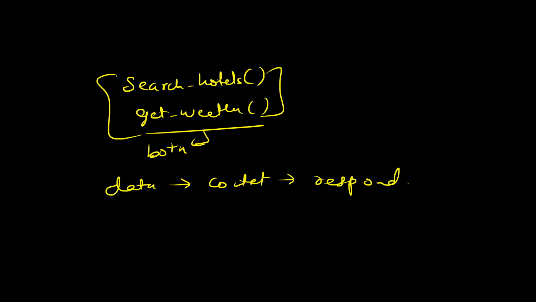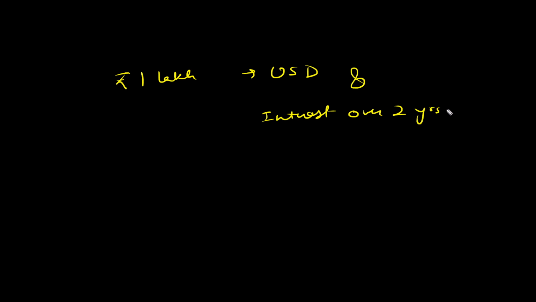So for example, if a user says, hey, I'm going to convert 1 lakh rupees to US dollars, and also calculate the interest over 2 years at 7% interest rate.